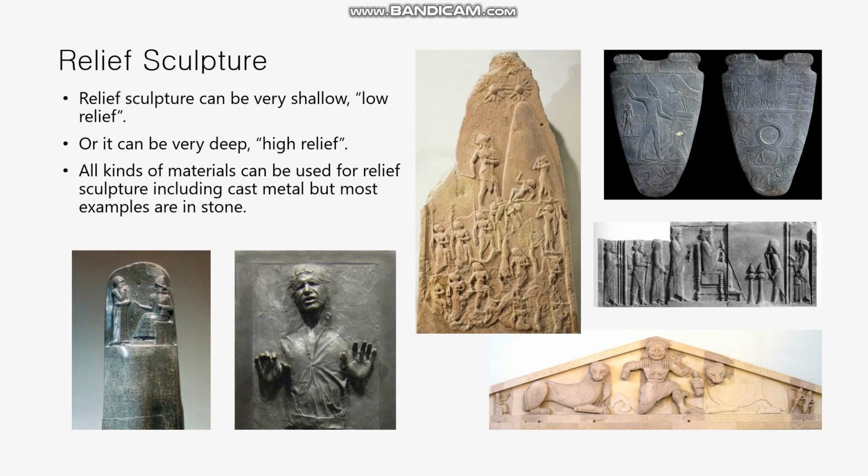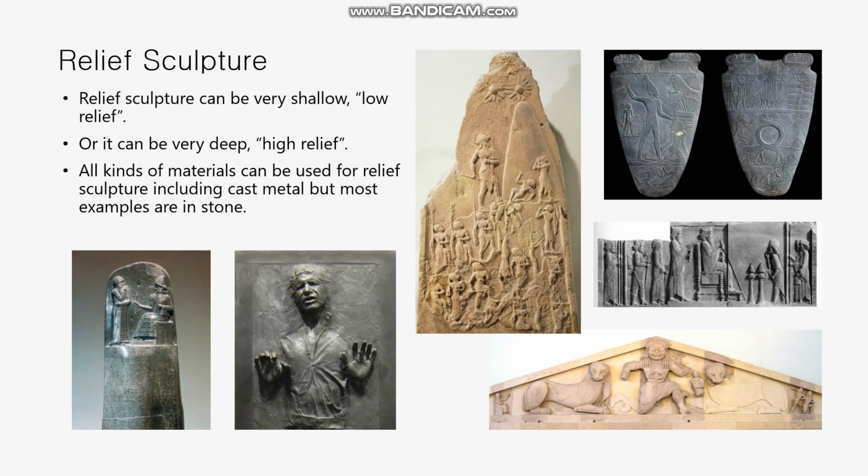Okay, so the next thing I want to talk about: the first thing we talked about was three different ways that sculptures can be made: additive, subtractive, and indirect. Now I want to talk about sculpture in terms of the main difference between relief versus freestanding, or in other words, how much space does a work of sculpture use?